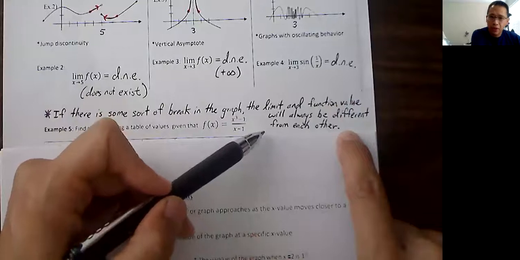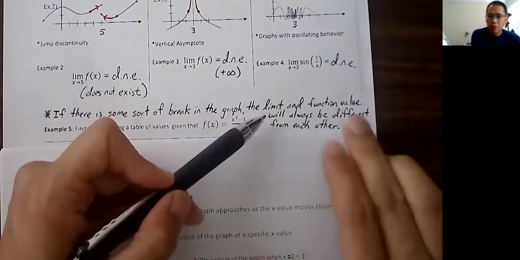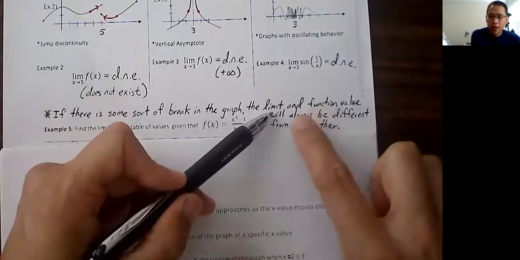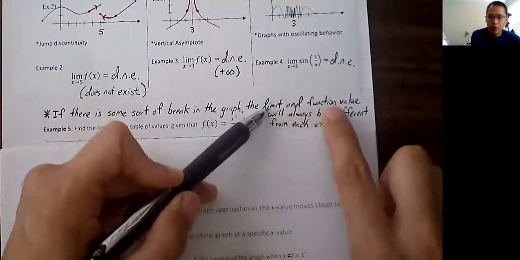So if you see a break in the graph, a hole or asymptote or two separate branches, that's a red flag for us to remember that limit and function value will not be in agreement with each other.